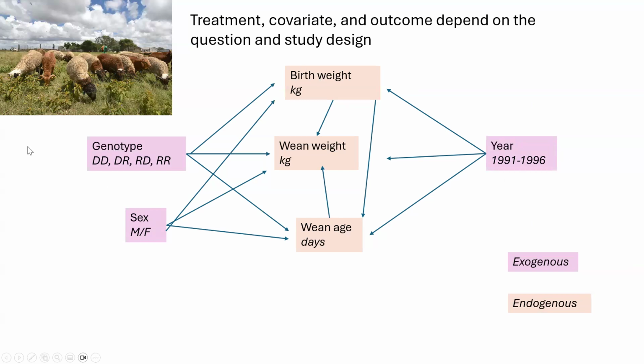In this case, they don't have any nodes feeding into them, so they don't have a parent, so to speak, versus endogenous variables, which have some kind of parent or causal directed node within the system.